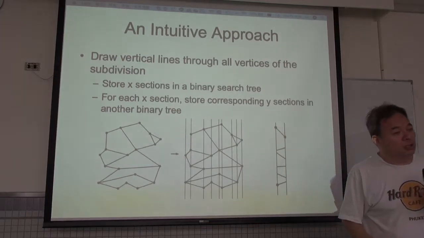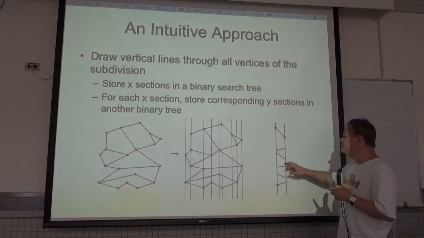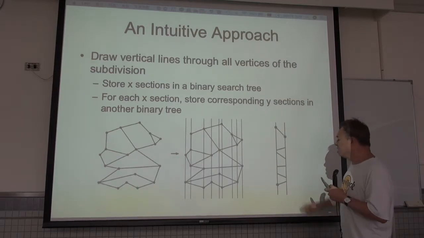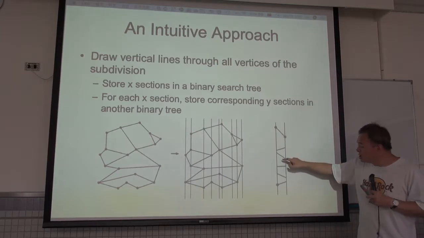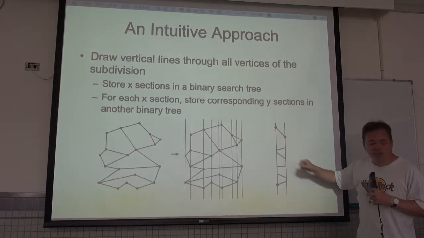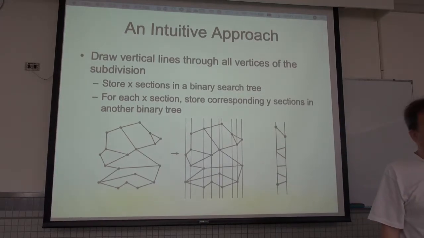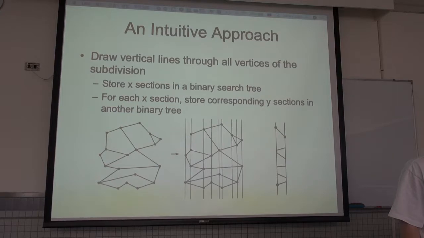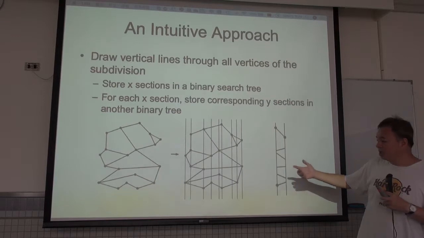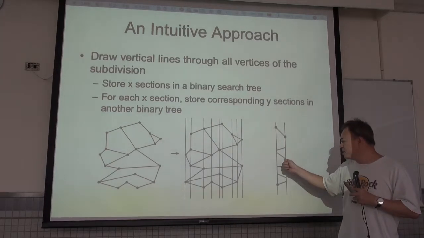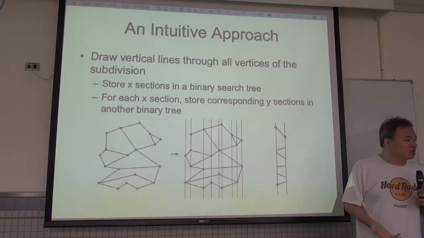Assuming you have n such subspaces, the search to locate which small area contains P only takes log n amount of time. So this one takes log n, this one takes log n, and once you identify where the point is located, your job is pretty much done.